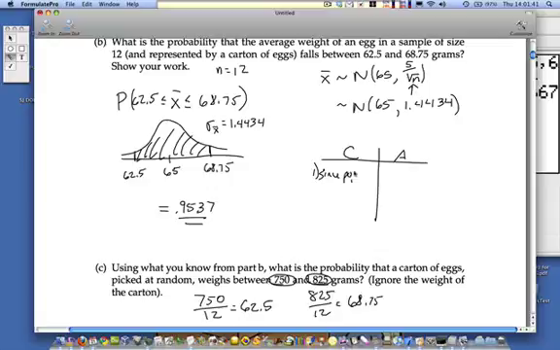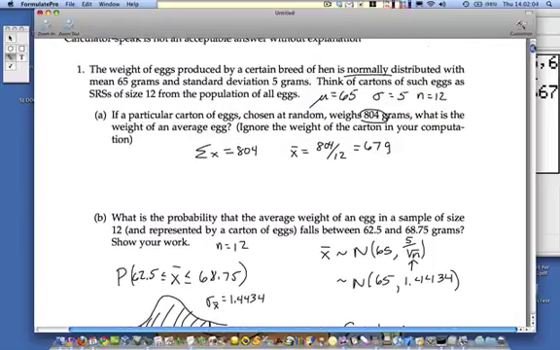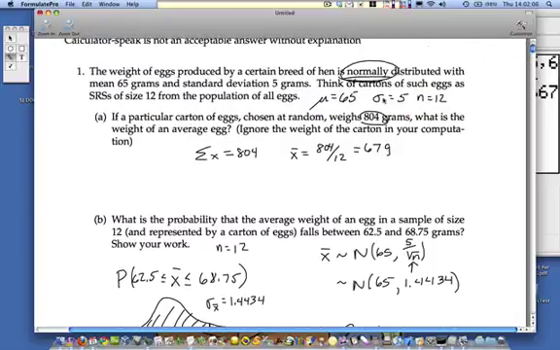Since the population is normal, okay, it's given in the problem, then x bar is normal also. And you can just say stated in the problem. And you could answer the conditions and assumptions. We don't have to worry about sample size on this one, because the population is normal, that's what's stated right here.